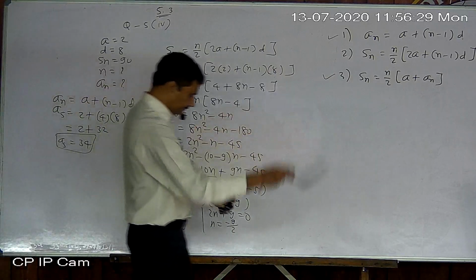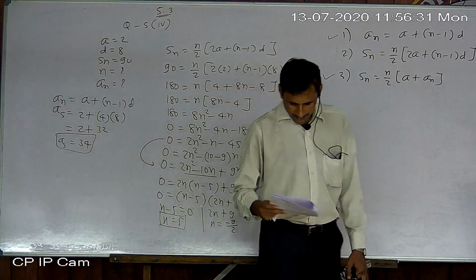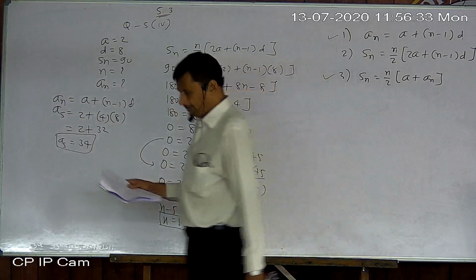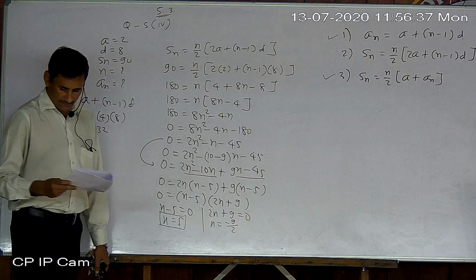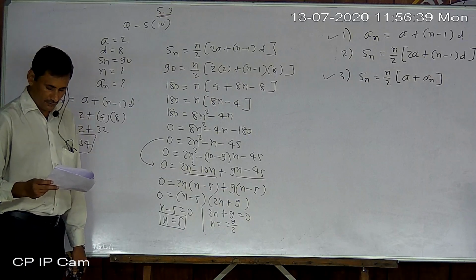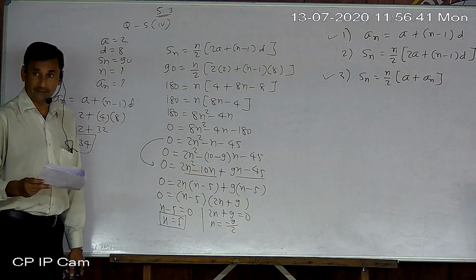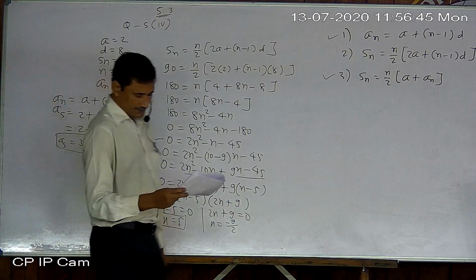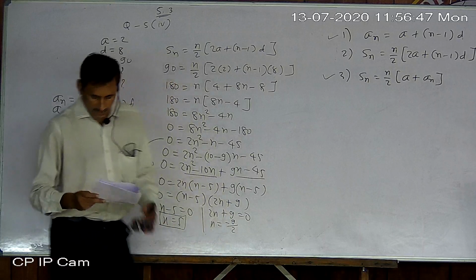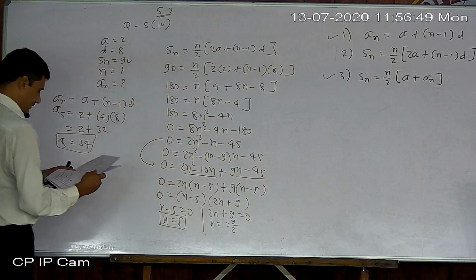Now, before going to number 7, we first of all discuss the remaining one. First discuss the remaining one, then only we solve number 7. So first look at number 8. Number 8. a_n given, d given, S_n given.